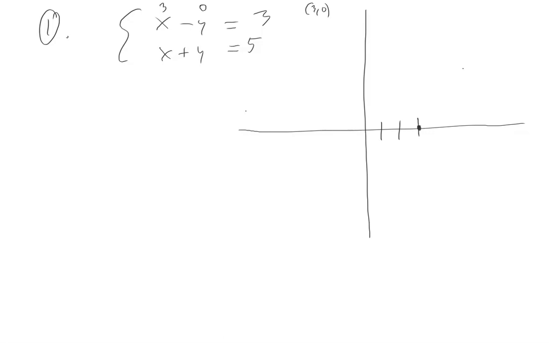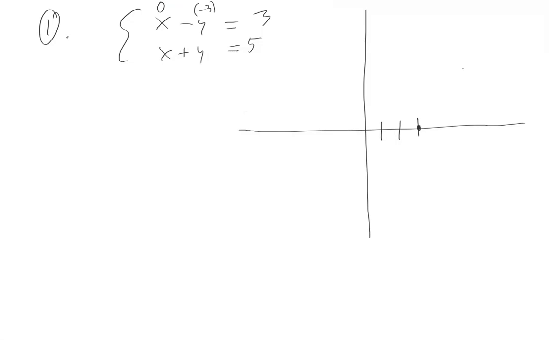And then let's think of another possible point. If I plugged in a 0 for x and a negative 3 for y, then you'd have 0 minus negative 3, which is equal to positive 3.